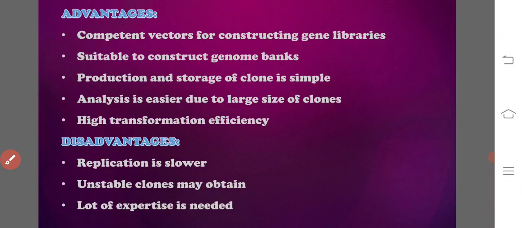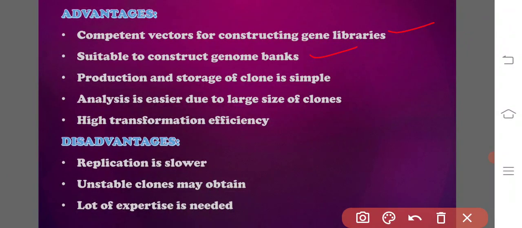And coming to the advantages: competent vectors for constructing the gene libraries, suitable to construct genome banks. Production and storage of clones is very simple. Analysis is easier due to large size of clones, high transformation efficiency.